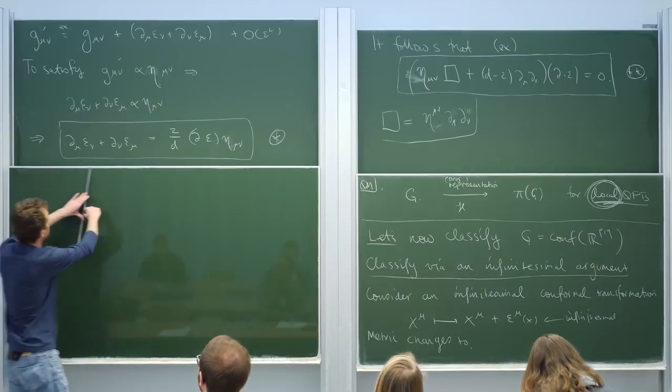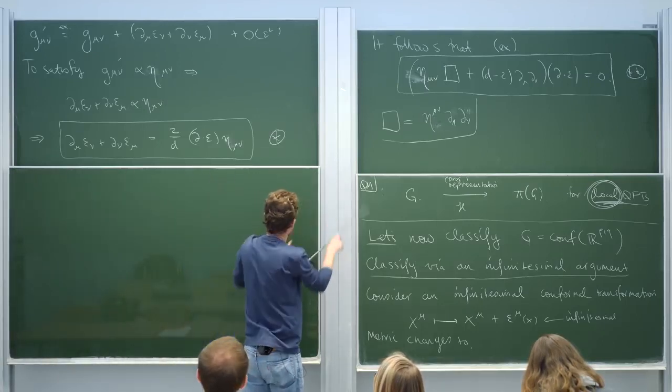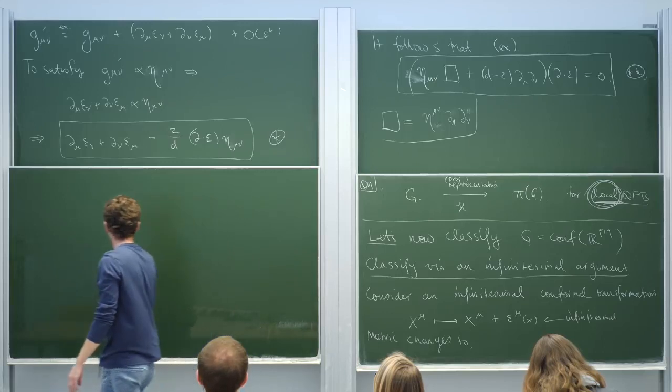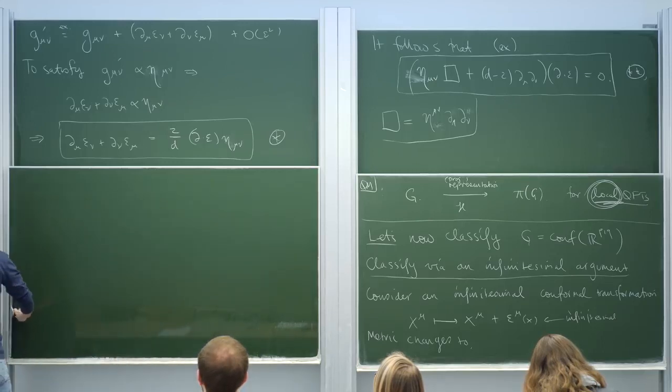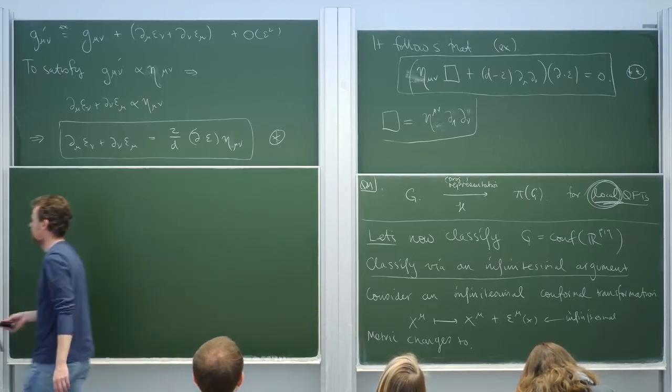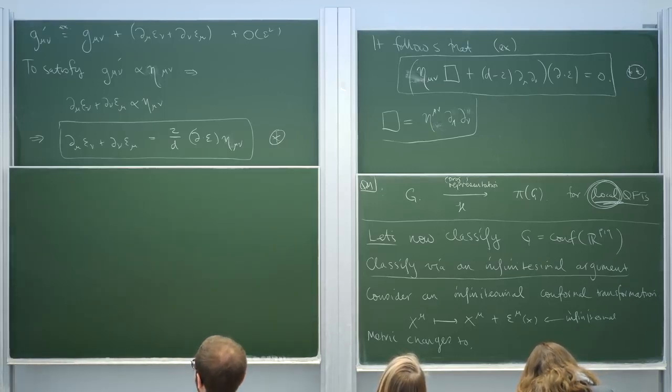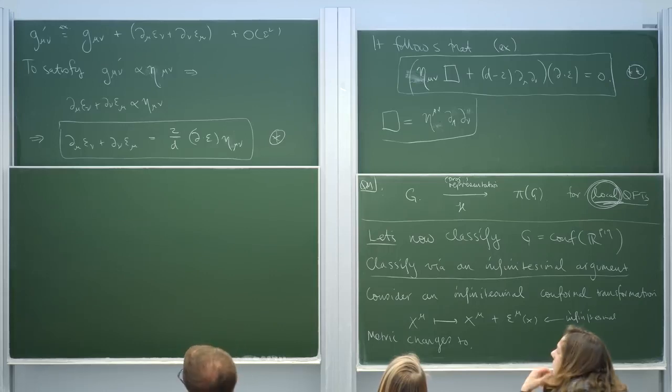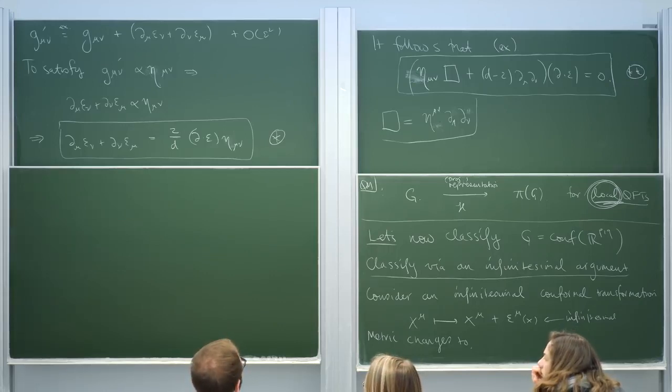Of course, we've assumed that they're infinitely differentiable, but in particular, star star tells you that not only is it 3 times differentiable, epsilon itself actually has to, all third order derivatives of epsilon have to vanish. It's a consequence of star star.